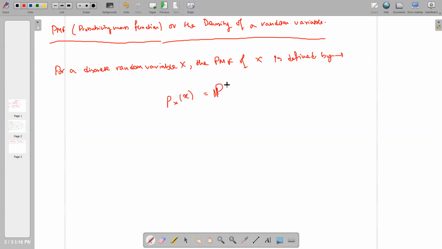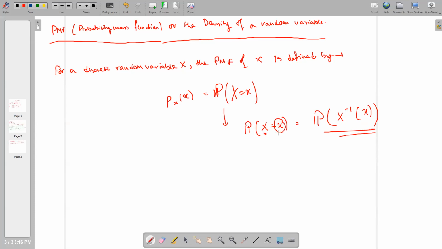This is the probability sign, right? This means the probability that the random variable is having this state in the sample space, right?